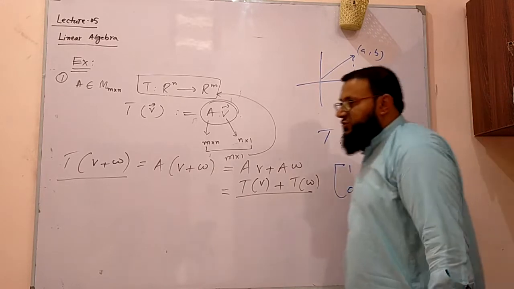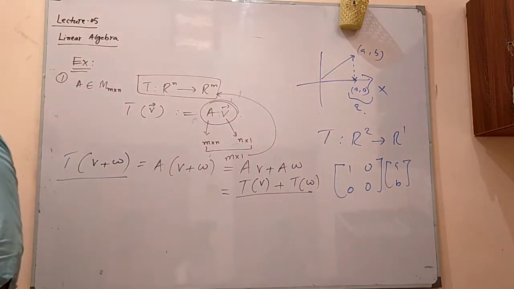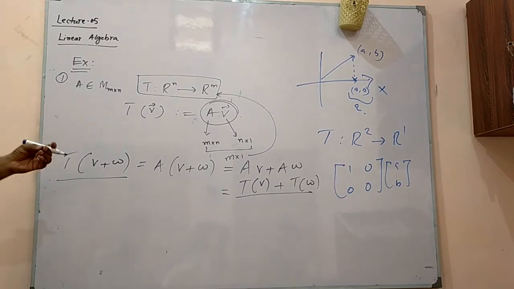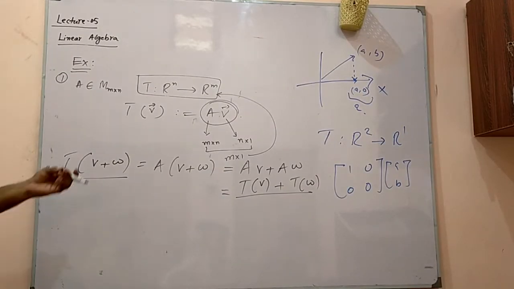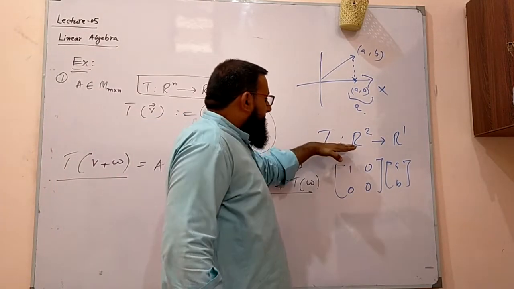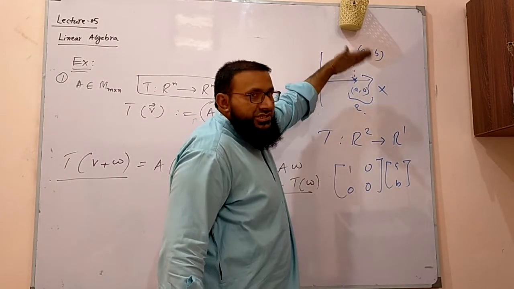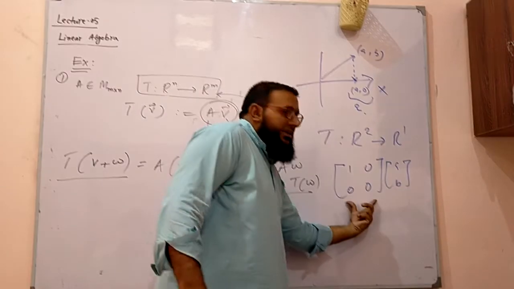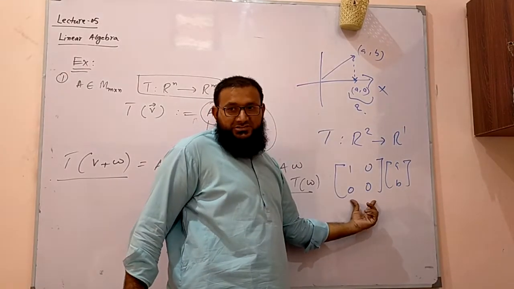When you multiply these two, what's the answer? It's (a, 0), or only a. The second component will always be 0. If the second component is always 0, it means you are on a real line, so you are at one dimension. So you can say that the linear transformation is a projection geometrically, but you can assign a matrix to this linear transformation as well.